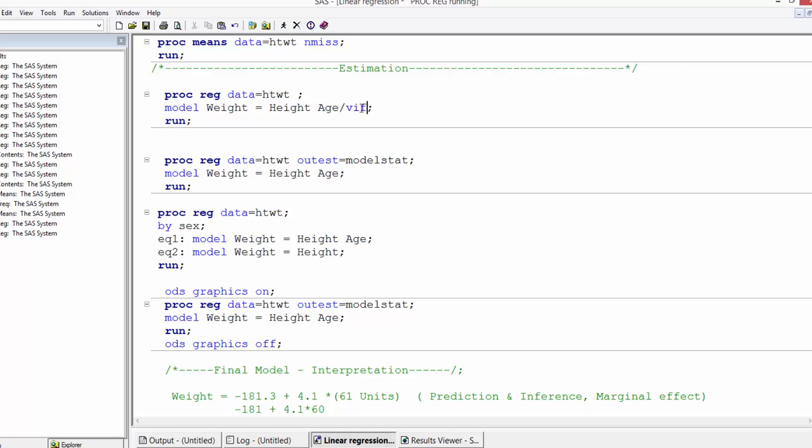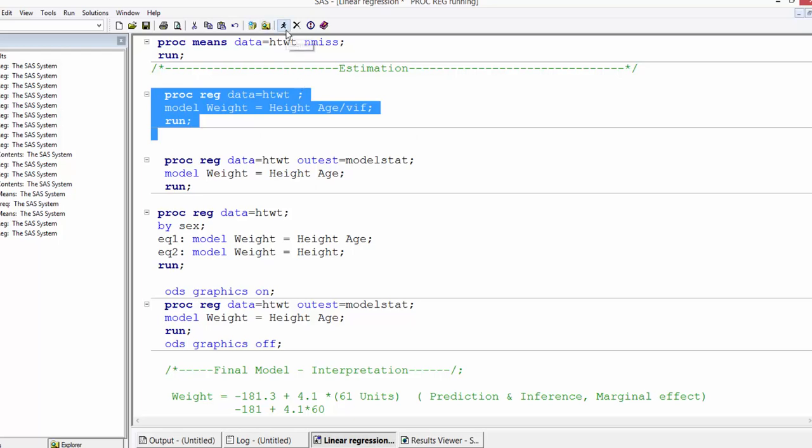We use the keyword VIF, which stands for variance inflation factor, which is very useful in finding out whether or not there is presence of multicollinearity among the independent variables. In one of my videos, I have explained in great detail what the variance inflation factor is, how it is calculated, and how it is related to the problem of multicollinearity. You can watch that video.